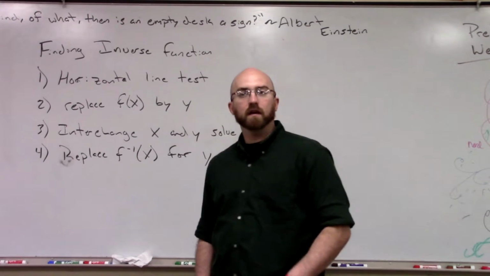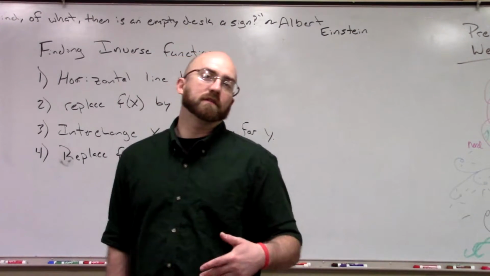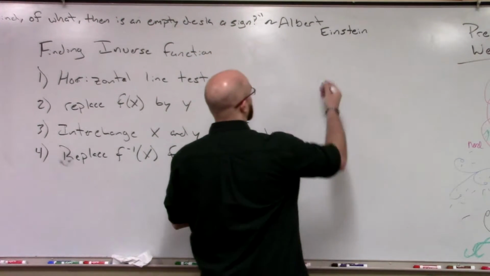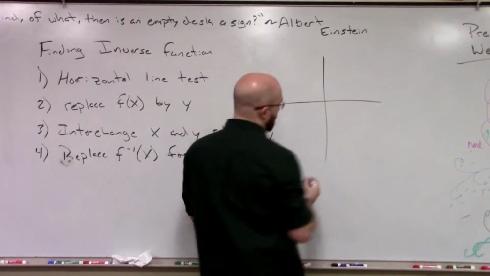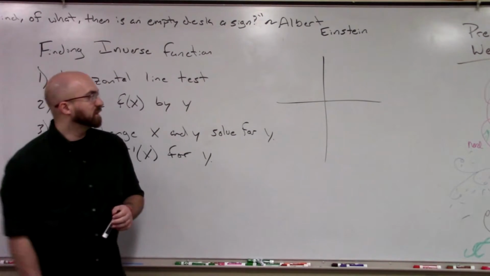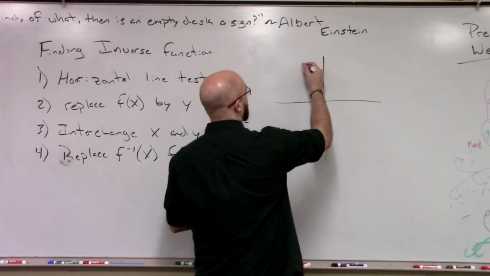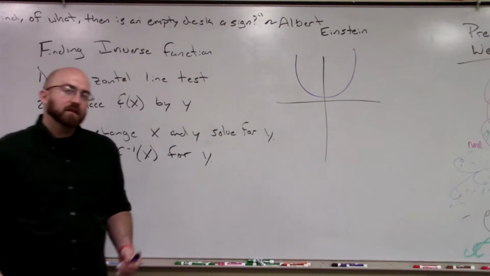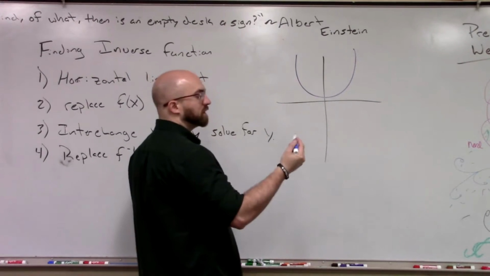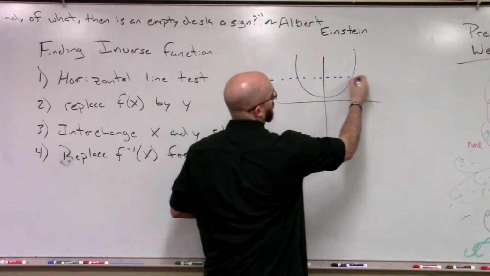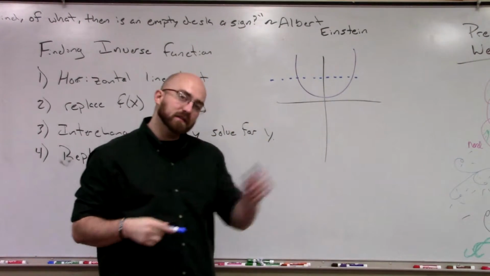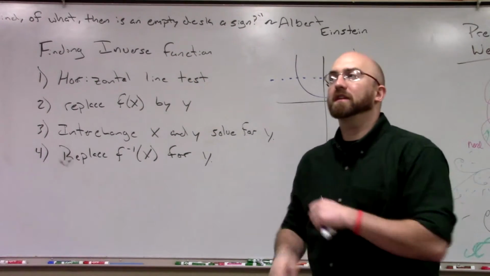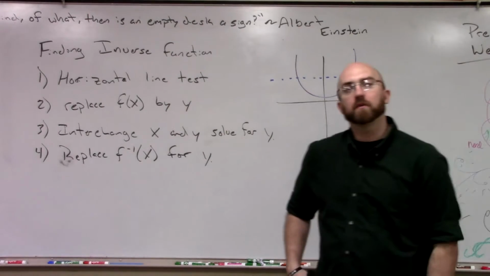So that is like a parabola. A parabola does not have an inverse function, because if I had a graph, I'll just draw one up real quick. If I had a graph like this, and my parabola, any standard parabola, the idea is if I draw a horizontal line, and it touches it twice, intersects it twice, so at the same y coordinate, that means there is no inverse function for that equation.